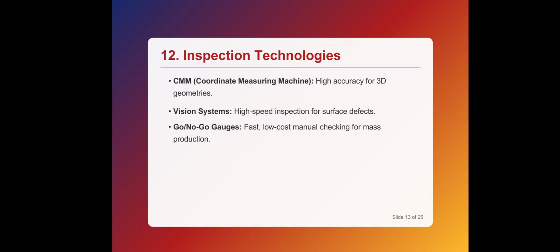The next one is go or no-go gauges, which are fast, low-cost manual checking for mass production. So the three main important inspection technologies are CMM, the coordinate measuring machine; the second, vision systems; and the third, go or no-go gauges.